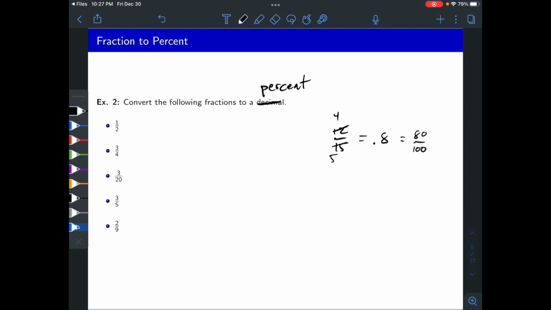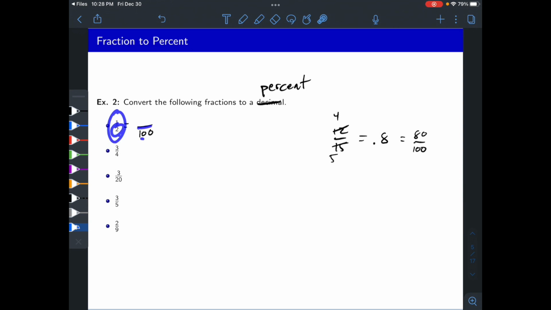You could just think of, all right, well, 1/2. If I wanted to convert 1/2 to a percent, I really want to convert this to something with a denominator of 100. So what do I have to do to a half to convert it to a fraction out of 100?